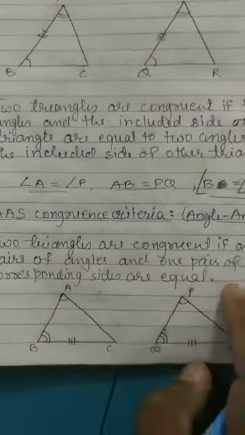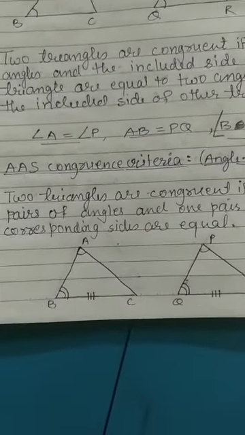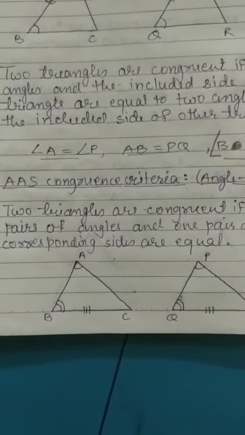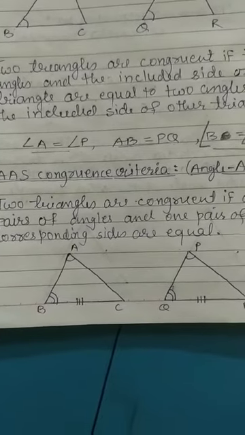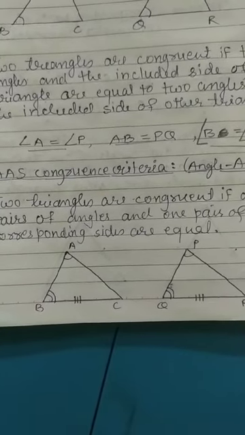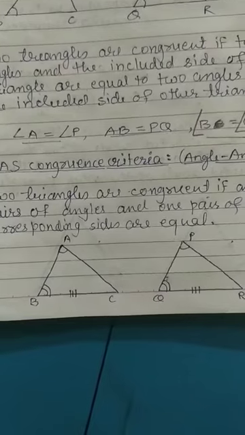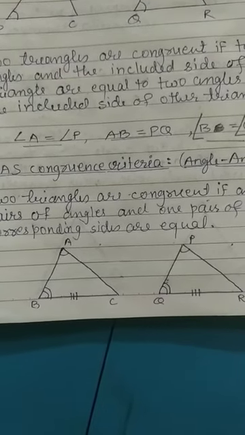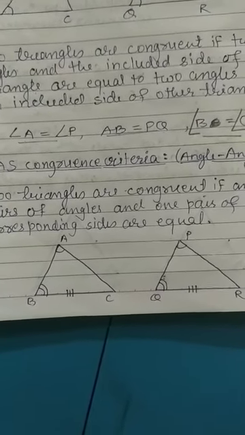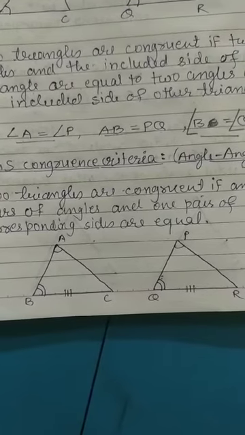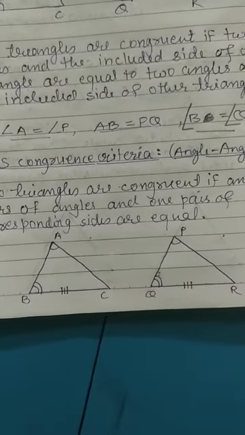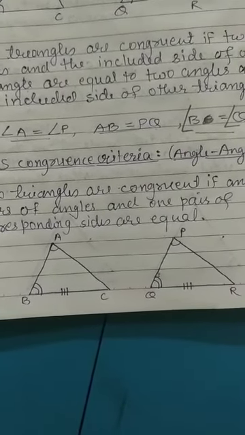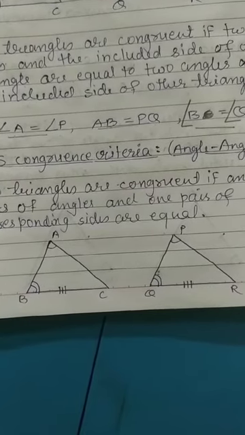Okay. Third, AAS congruence criteria. Two triangles are congruent if any two pairs of angles and one pair of corresponding sides are equal. Any two angles and one corresponding side, not included, without the included side also, right?